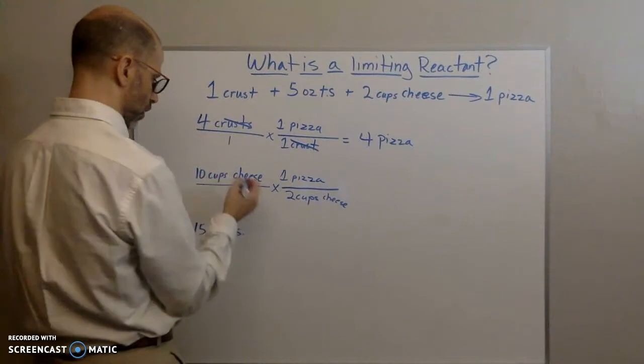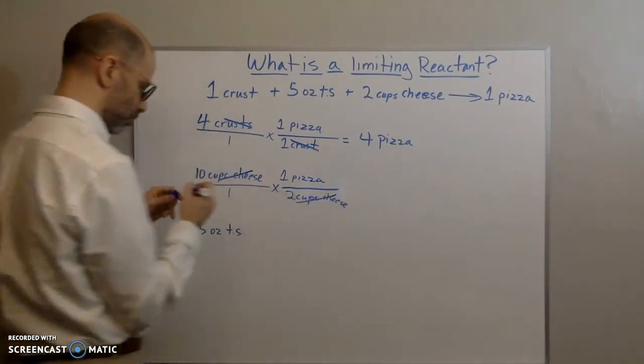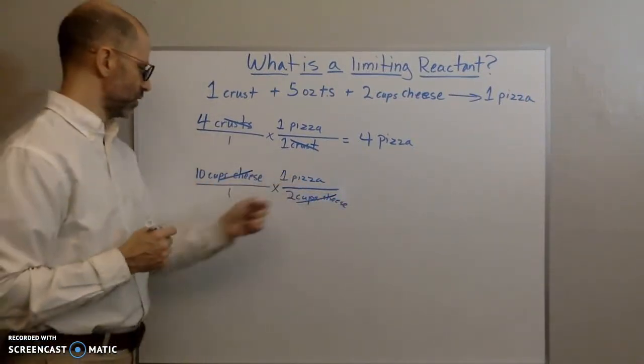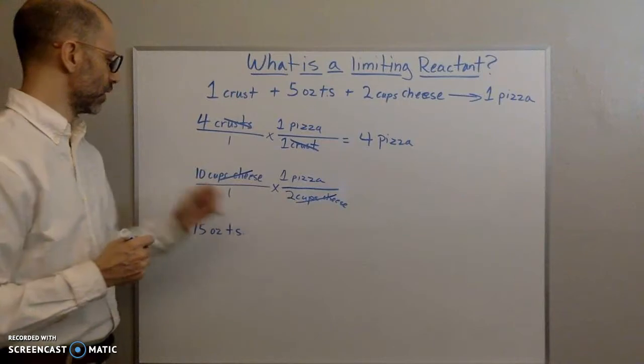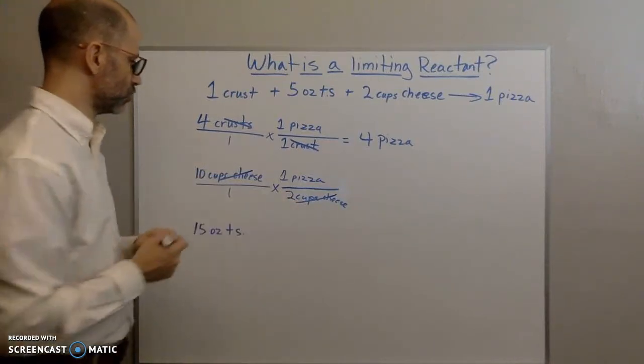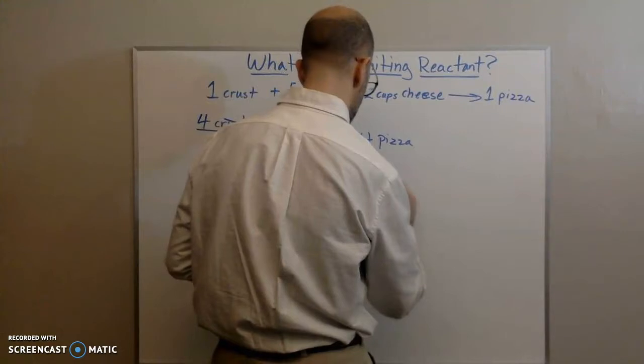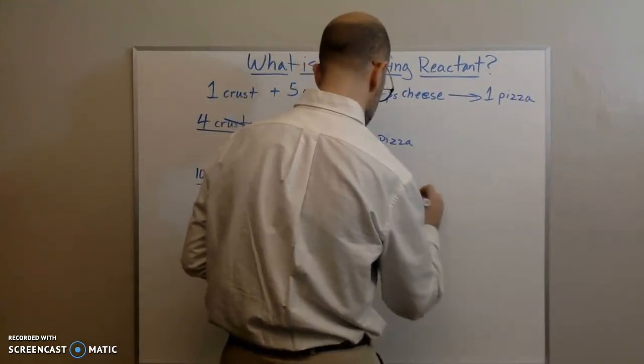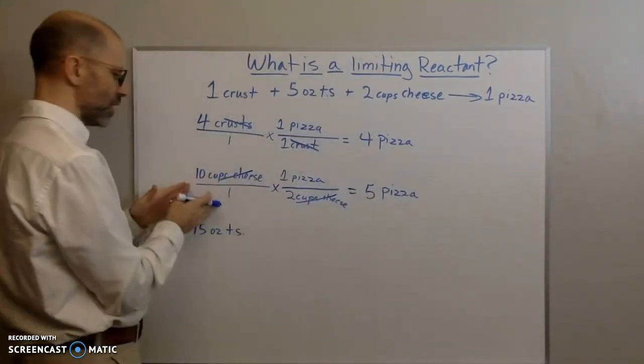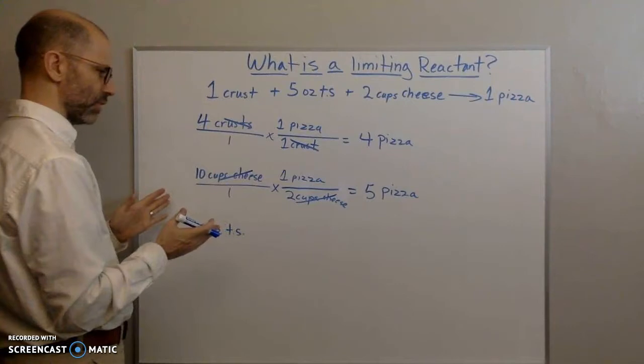Okay, so cups of cheese cancel out, and now I have pizzas. So 10 divided by 2 gives me 5. So I can make 5 pizzas from 10 cups of cheese, if I have enough of everything else.